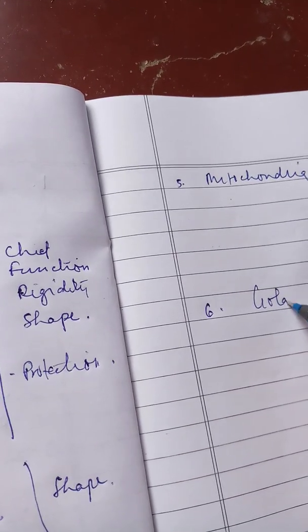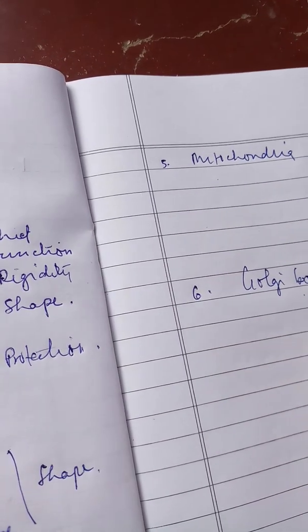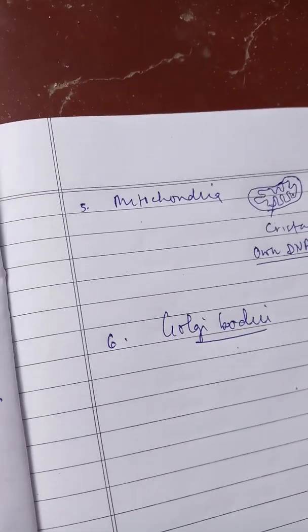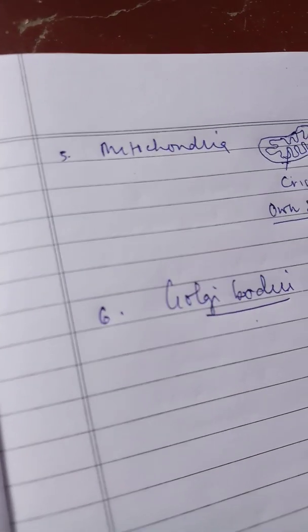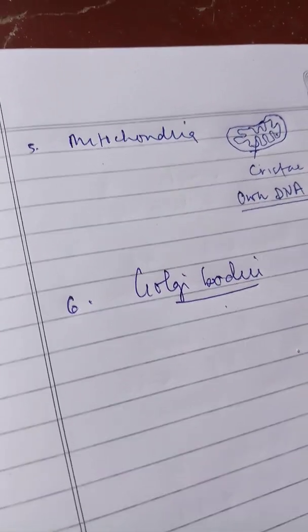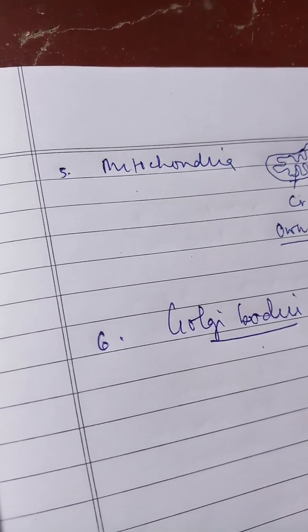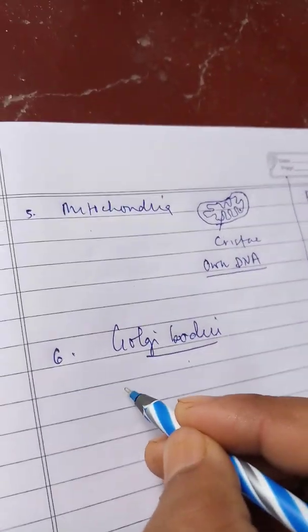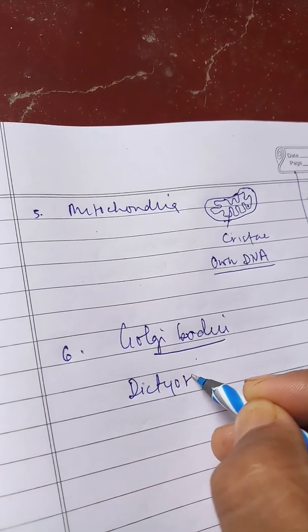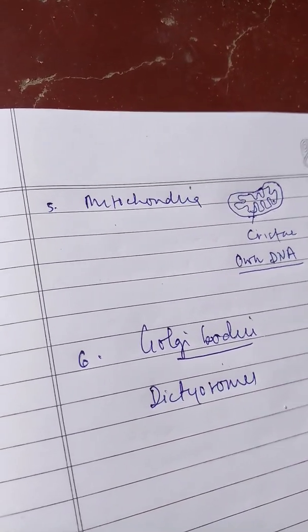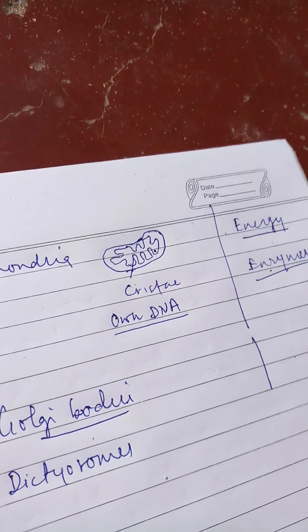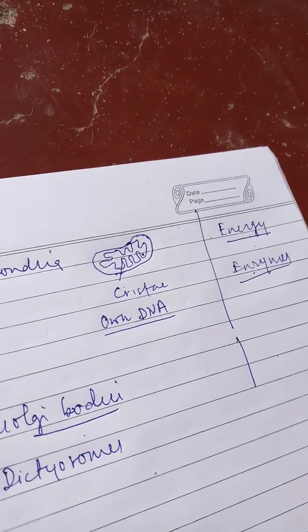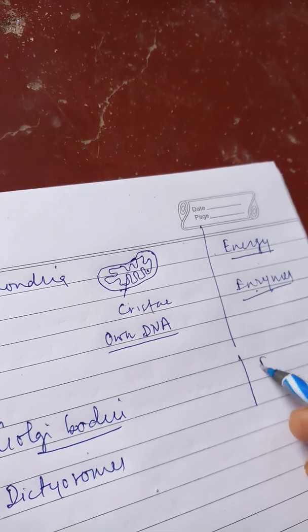The next part, Golgi body. Golgi bodies are also known as Golgi complex because they consist of tubules, vesicles and vacuoles. In plant cells, they are known as dictyosomes. These Golgi complexes are the site of production and synthesis of various enzymes and hormones.